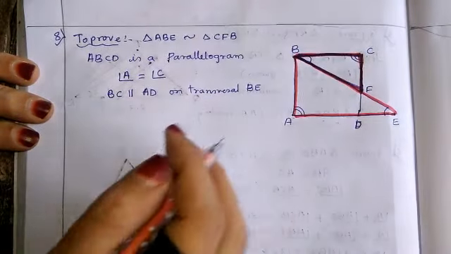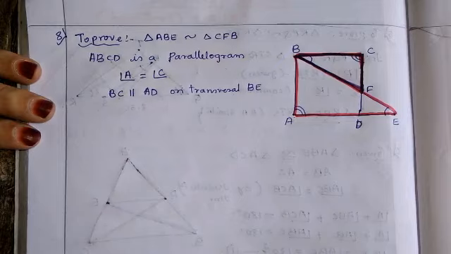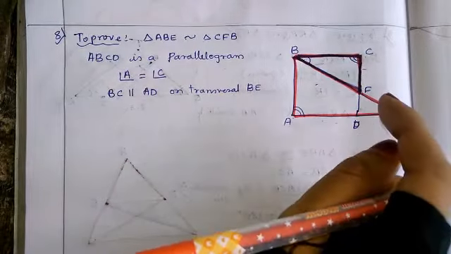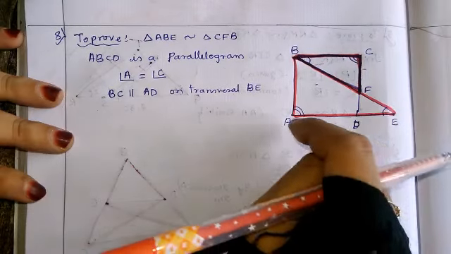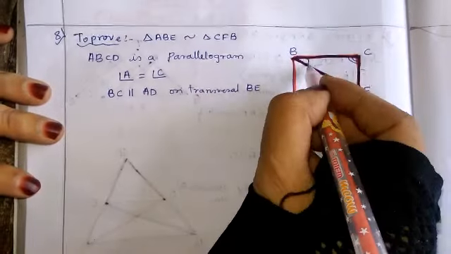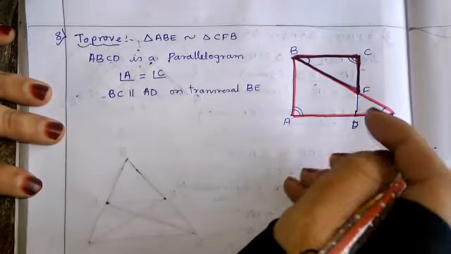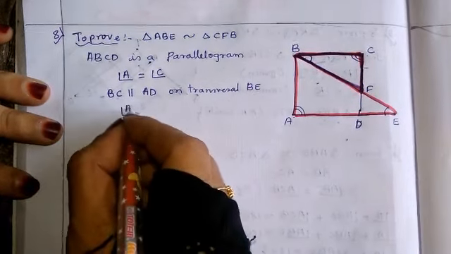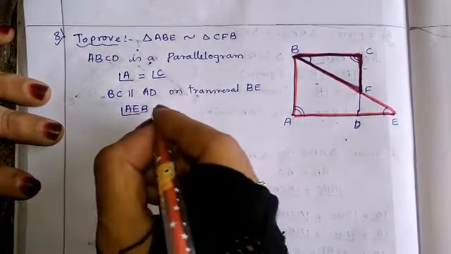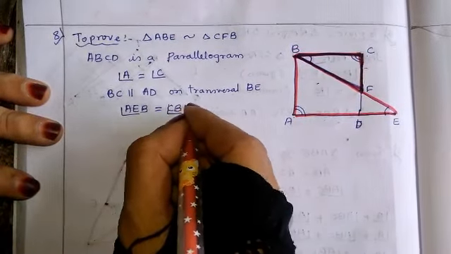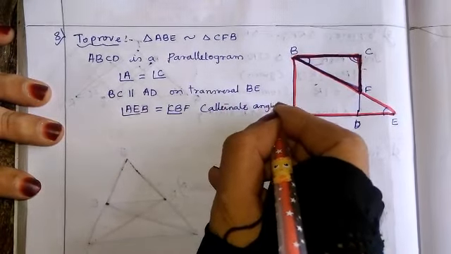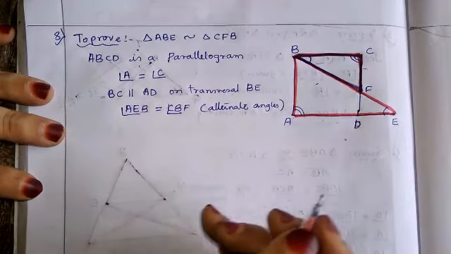Now let us see, when there are parallel lines and a transversal, there will be alternate angles. AEB and CBF are alternate angles. We know that alternate angles are always equal. So AEB is equal to CBF.